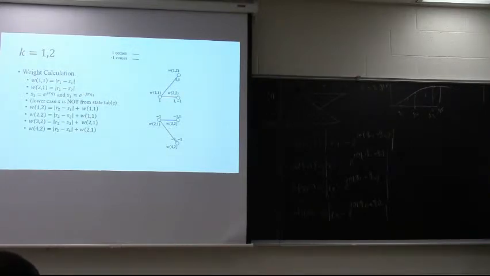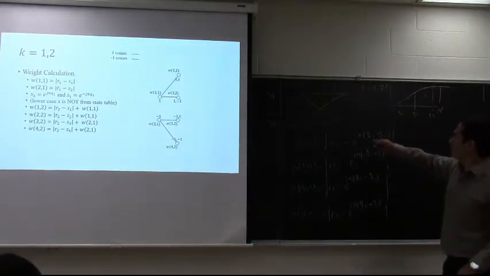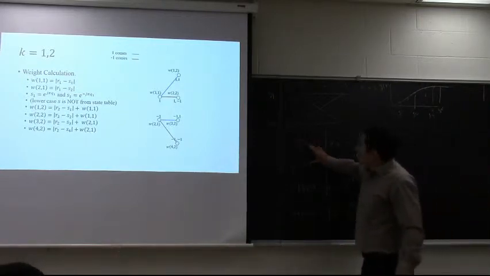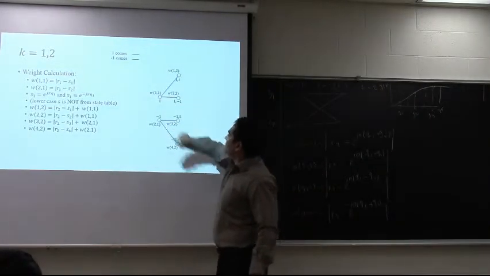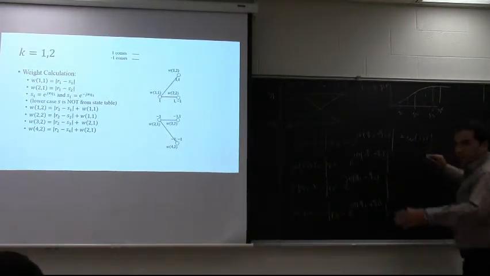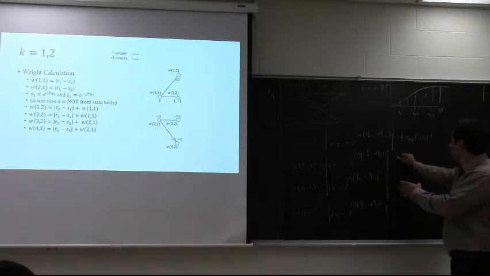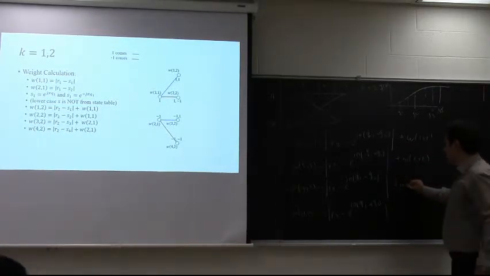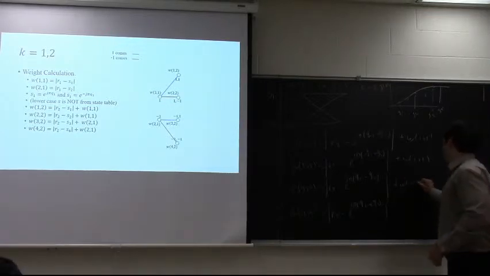Also, I forgot to say, I remember the last time also I forgot this one too. Because this state comes from this state, or these two, W11 also needs to be added. These two, W21 need to be added.